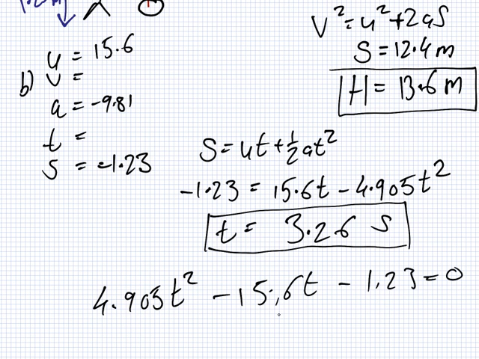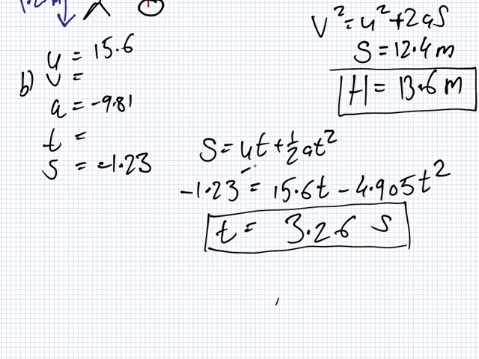There are two answers. We only take the positive one. If you bring this to the right, it will be plus. So, Amanda, what you need to type on your calculator is minus 4.905 and then press equals, and then 15.6 and then press equals.